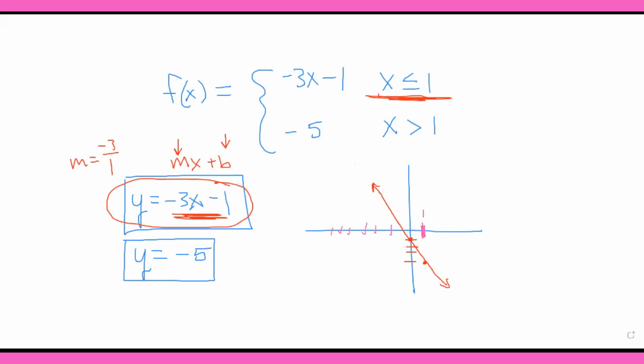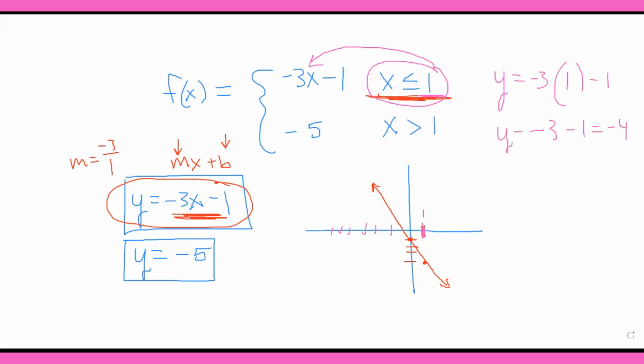So I really want to figure out what y is when x is 1. I can either go to my graph and look at that point, or I can plug in that number. If I plug in 1 for x into this equation, y equals negative 3 times positive 1 minus 1. Negative 3 times 1 is negative 3, minus 1 equals negative 4.